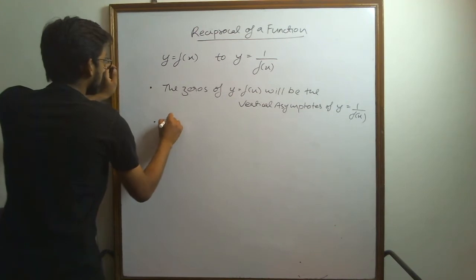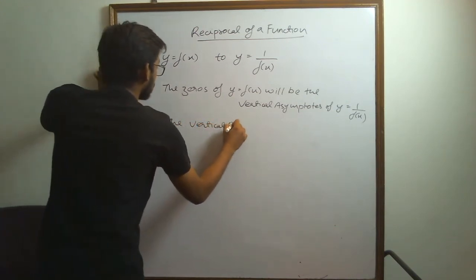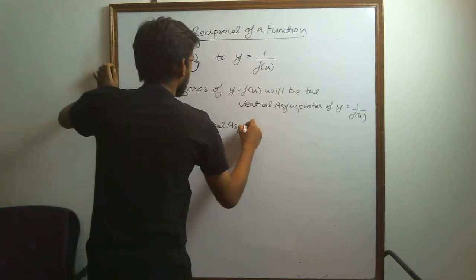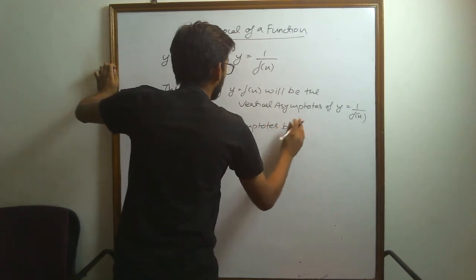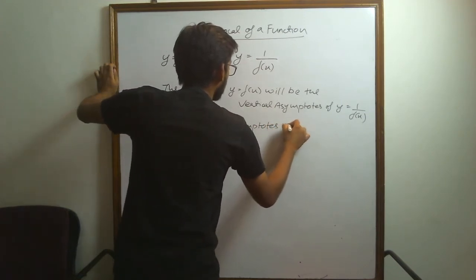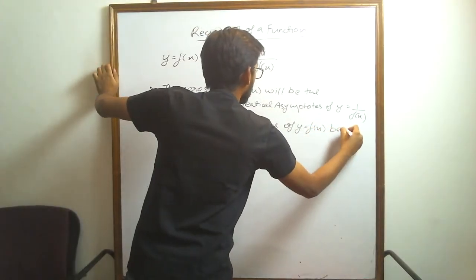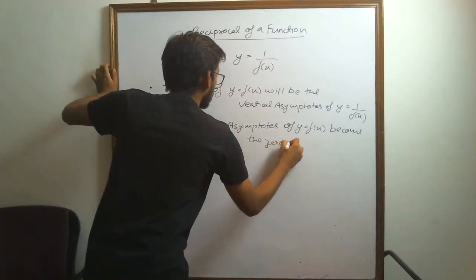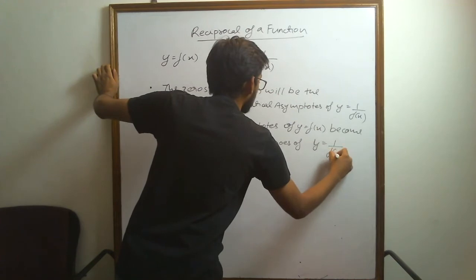Second point, the vertical asymptotes of y is equal to f of x become the zeros of y is equal to 1 upon f of x.